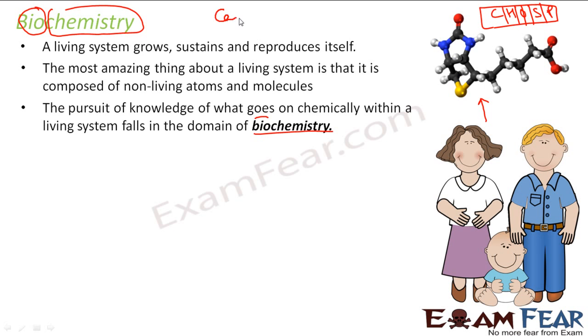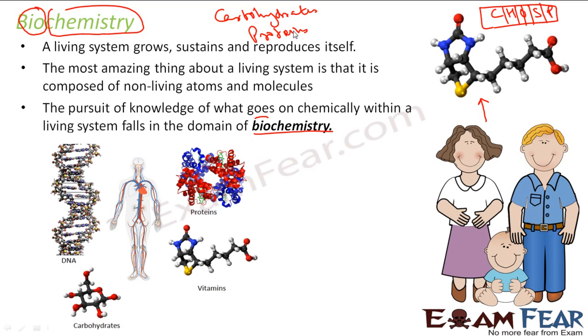The carbohydrates which I told, right? The carbohydrates, the proteins, the DNA, the vitamins, all these are chemical compounds. So these chemical compounds make life. Correct? So that is the beauty.